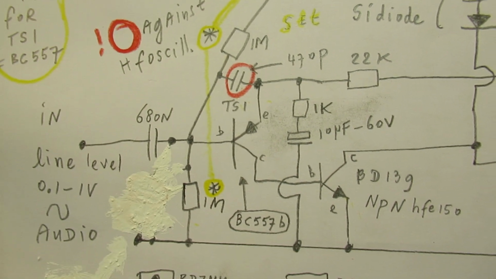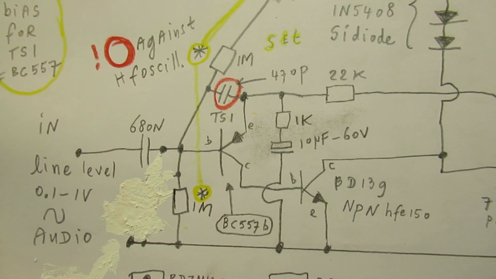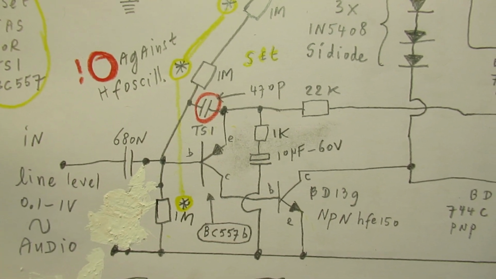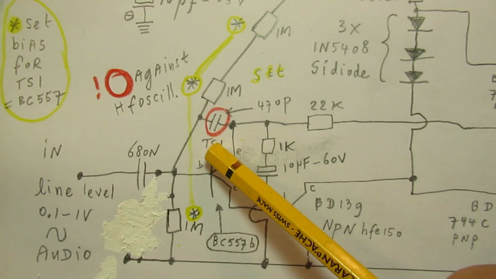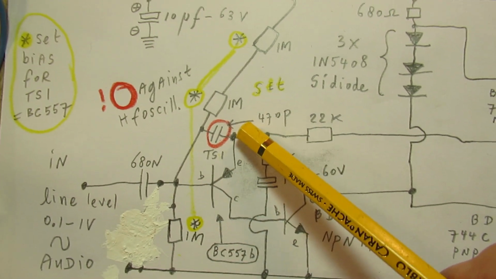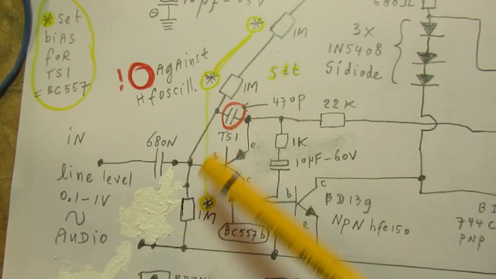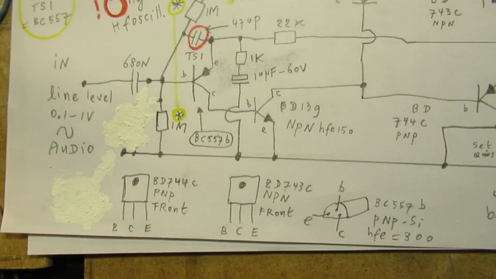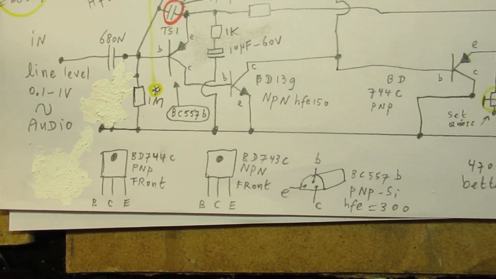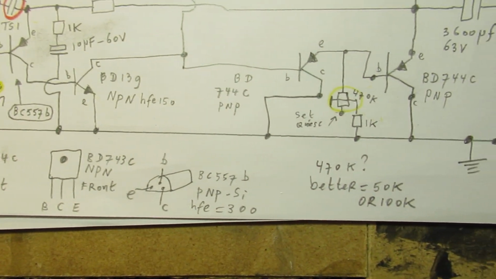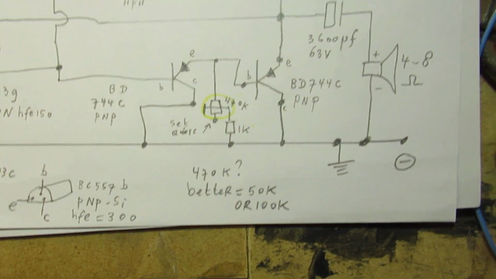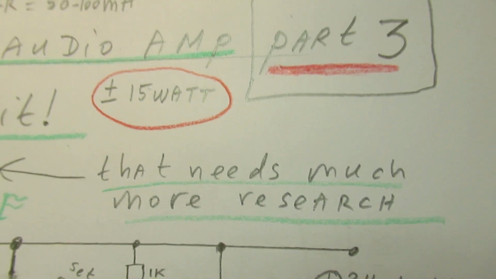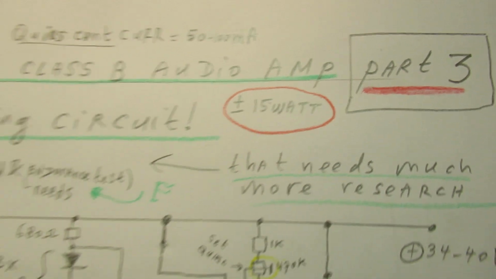That's a standard solution against oscillations in a transistor circuit. And now it is between the base and the emitter, but perhaps I had to do it between the base and the collector. Perhaps that will give better results. So there are many things to study about this circuit. So it needs much more research, no problem with that.